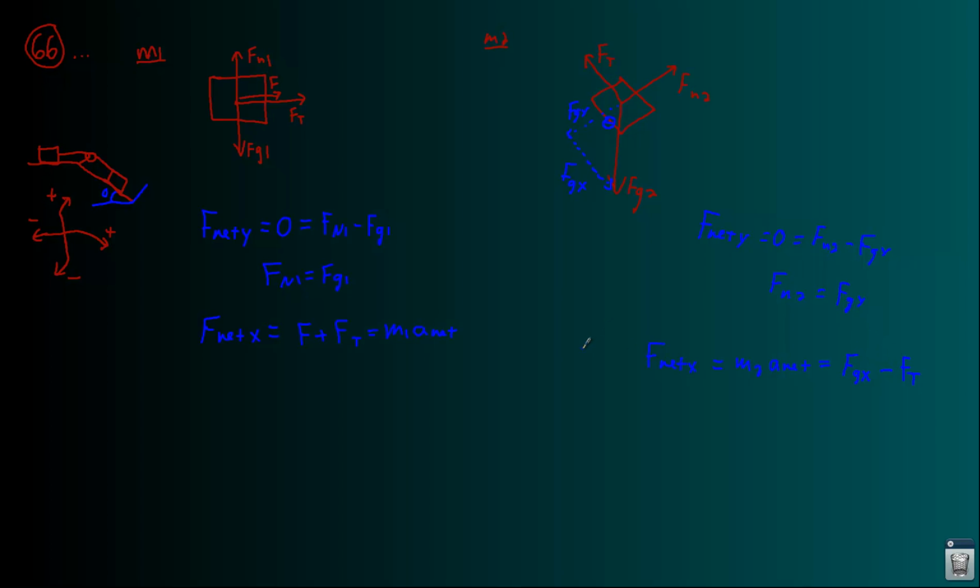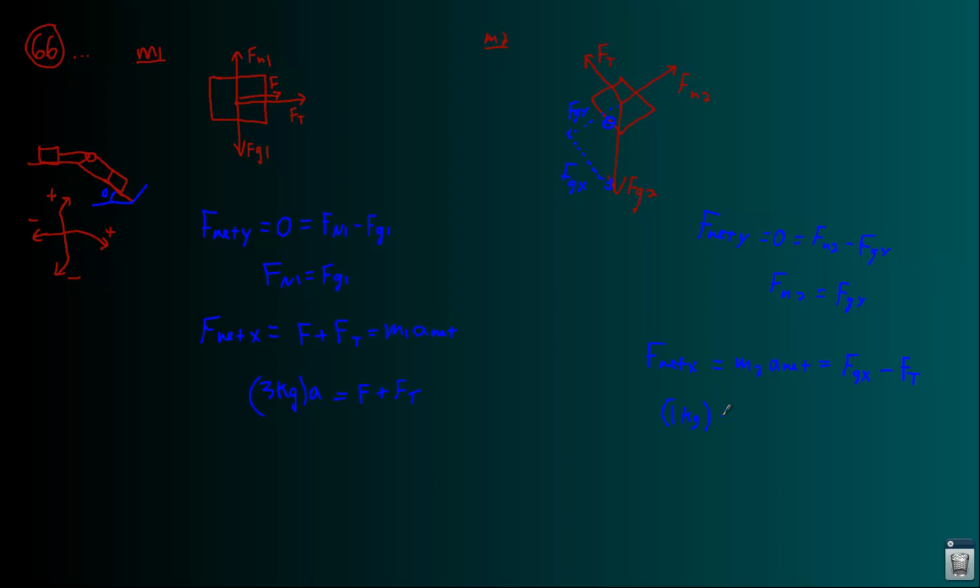Okay, now it's time to plug in what we know. So M1 we know is 3 kilograms, so 3 kilograms right here times A, let's just call it A for now. That's going to equal, again, F plus Ft. Over here, mass 2 is 1 kilogram.